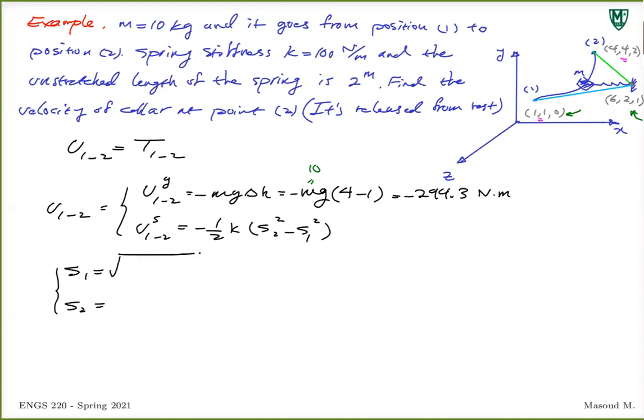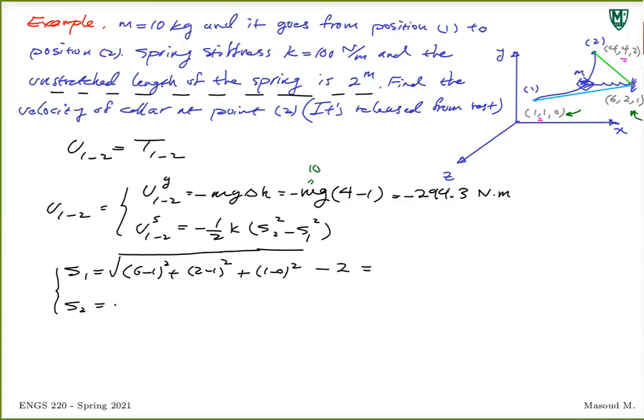So I write it this way: 6 minus 1 squared plus 2 minus 1 squared plus 1 minus 0 squared. This is the length of the spring at position 1, from the origin to position 1. Now you are looking for S, so this length minus the unstretched length. Unstretched length is given to you directly, it's 2 meters. So this is minus 2. That gives you S1.